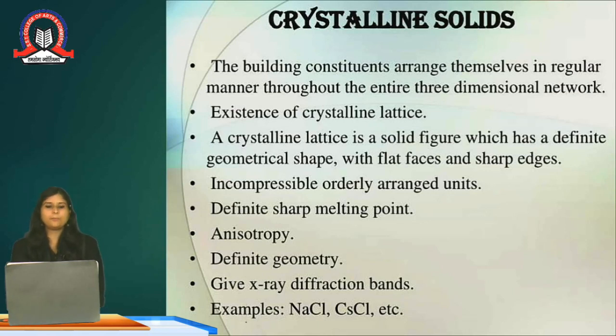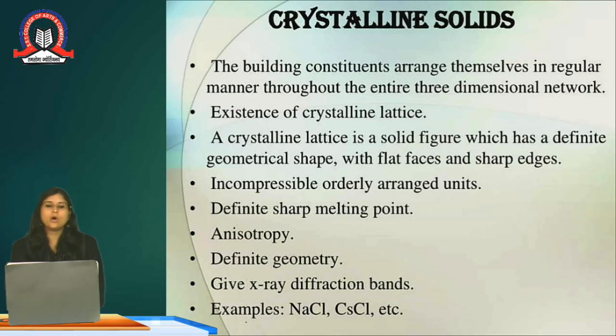The building constituents arrange themselves in a regular manner throughout the entire three-dimensional network. Existence of crystalline lattice. Now, as we know, in solids all the constituent units acquire a fixed position and there is no spacing.